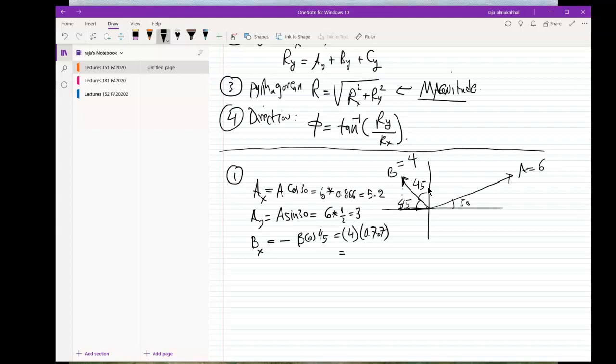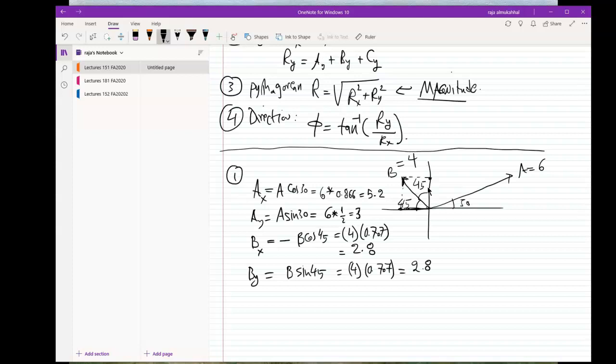Now use my calculator to get that number. 0.707 times 4, answer 2.83. So just say 2.8. Keep it simple. And then b sub y, which is right here, right? So b sub y is b sine 45, and we're going to get the same answer, right? 2.8.